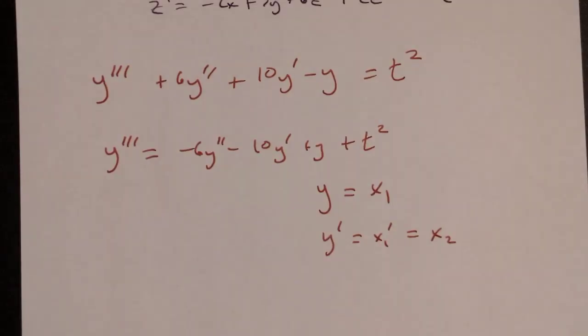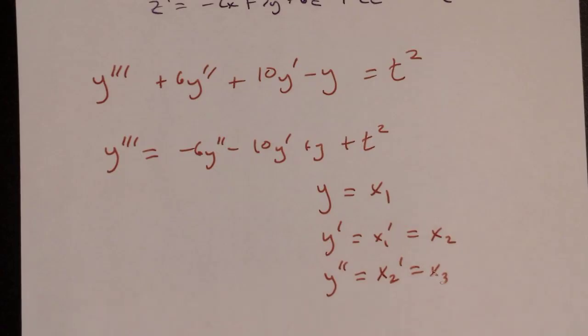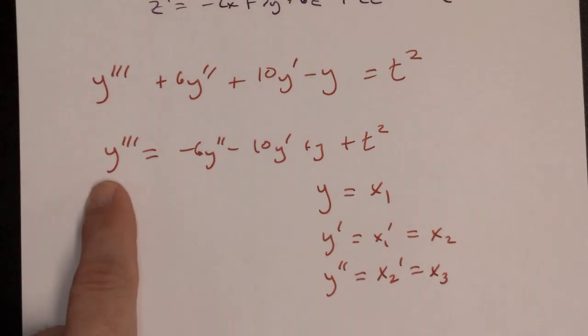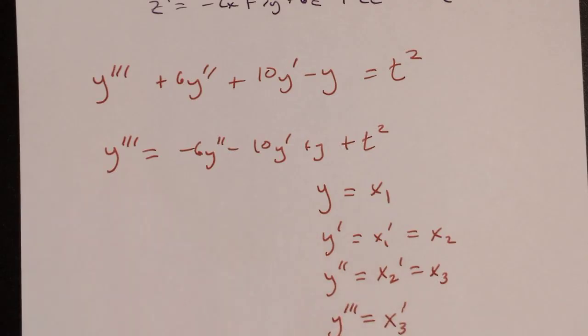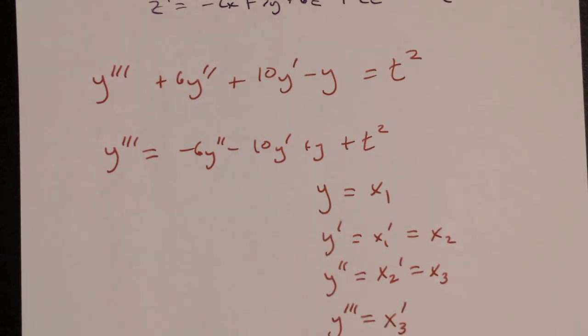Then I have y double prime. We'll call that x3. Now here's the fun part. y triple prime is just x3 prime. Don't give it a new variable. We're only giving new variables to the stuff over here on the right. We're not giving a new variable to the thing on the left.